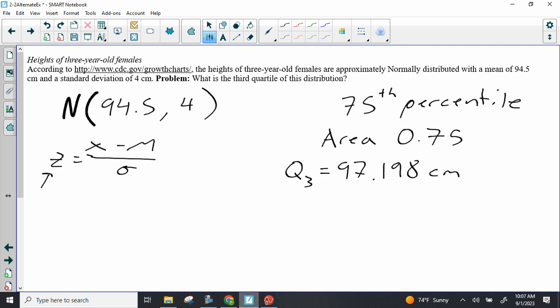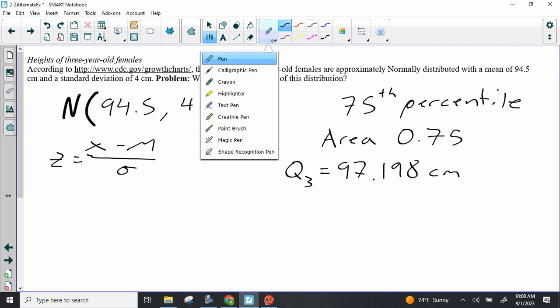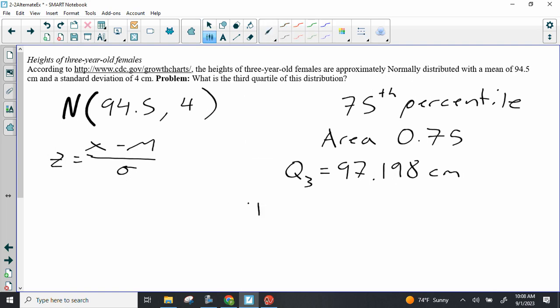All right, if I wanted to get algebraic with this thing, I could. I can get a z value that has an area of 0.75 using the same function in my calculator. But actually, sorry, let me finish the calculator approach first.